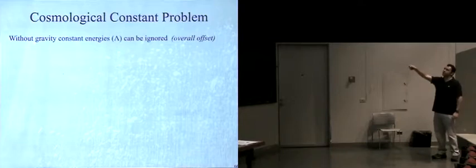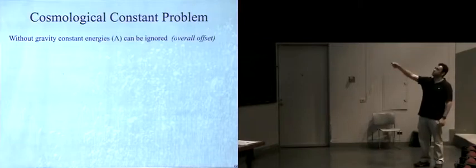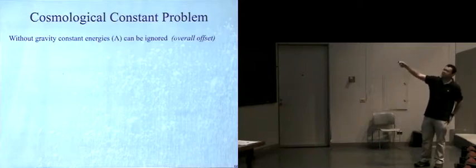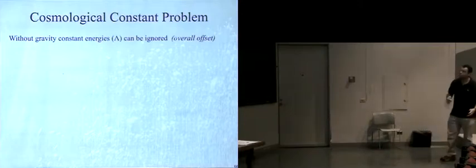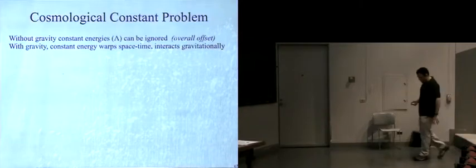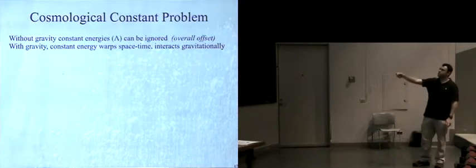Without gravity, if gravity is not important, constant energies can totally be ignored. The only thing that matters is differences of energies. So this vacuum energy density is just some overall constant that we can subtract off, so it's totally irrelevant. With gravity, and of course we think we need gravity at big distance scales or even small distance scales, this constant energy warps space-time.